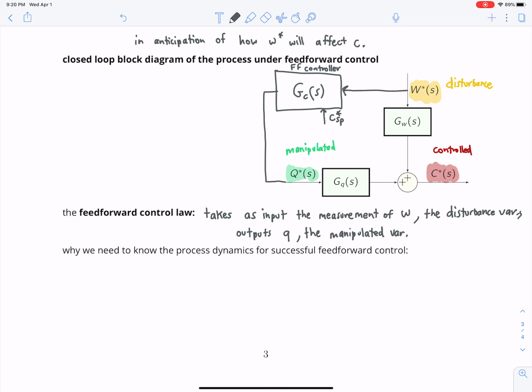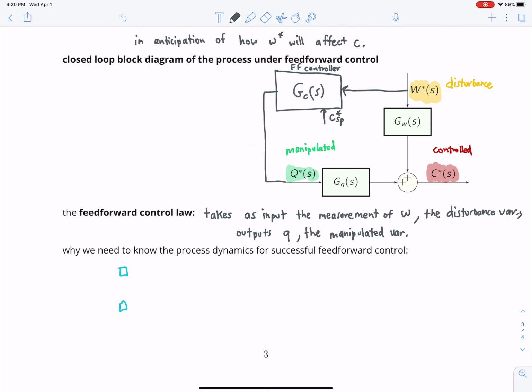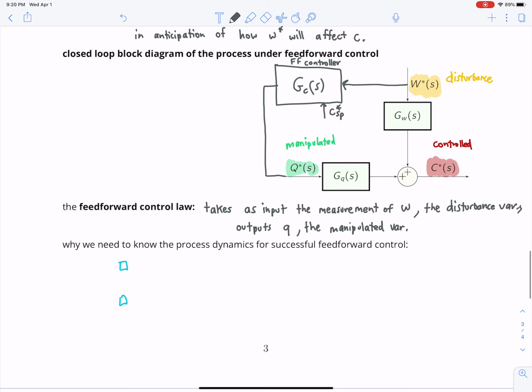And it's extremely important to know process dynamics for feed-forward control. And that's because we need to know both how W affects C and Q affects C to know how to adjust the manipulated variable.